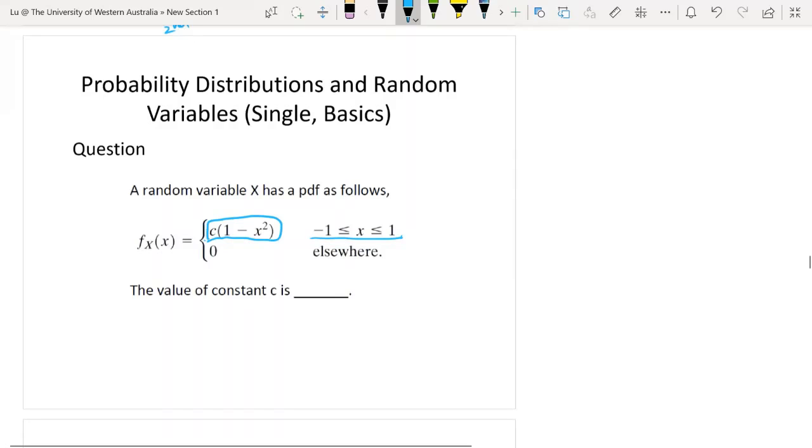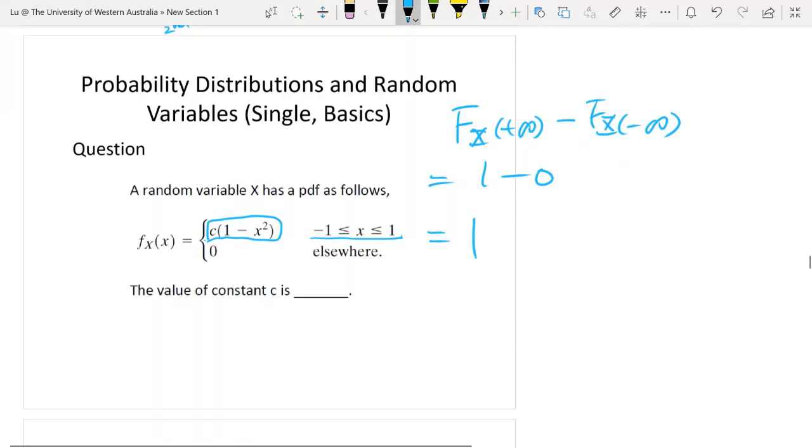Now, for this continuous type random variable x, how can we solve the constant c? So we need to use the properties we learned regarding the continuous type random variable. Here, we are using this property: Fx(positive infinity) minus Fx(negative infinity) is equal to 1 minus 0, of course, so equal to 1.